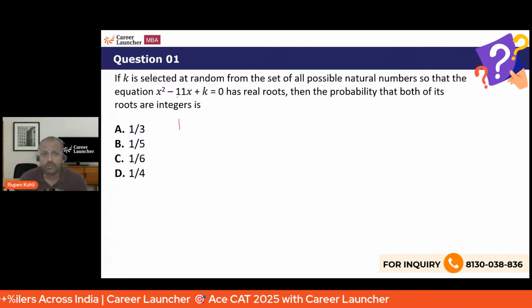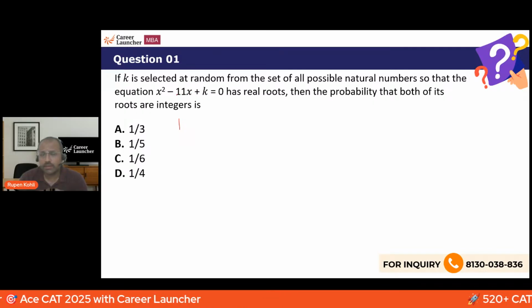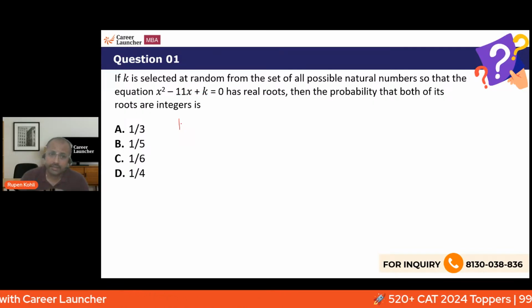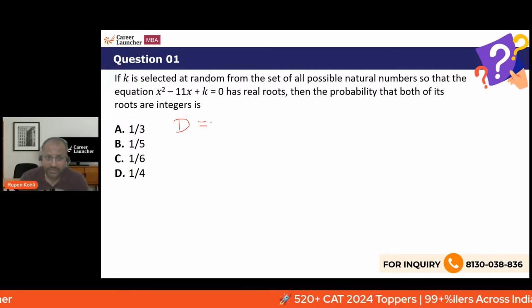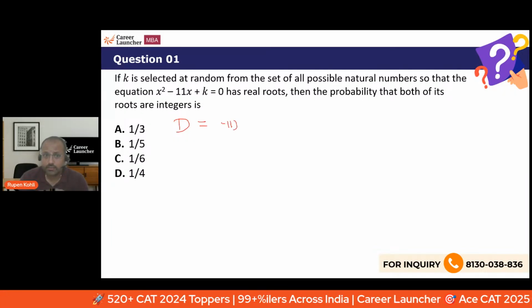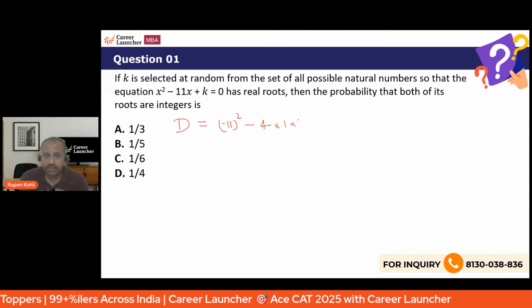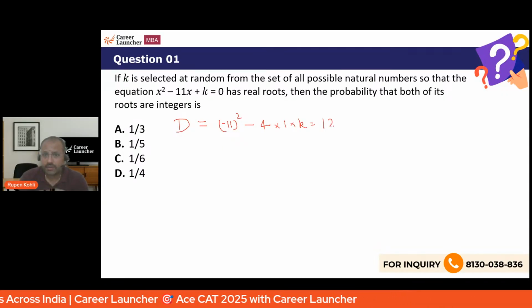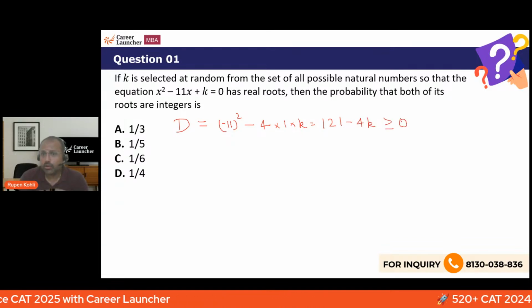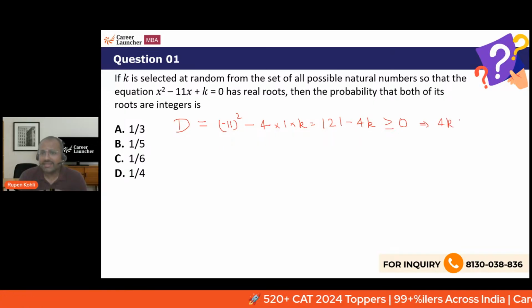It's a very simple quadratic, with the coefficient of x being minus 11 and the constant term k. So what is the discriminant? B square minus 4ac. B is minus 11, whole square, minus 4ac, where a is 1 and c is k. So this is 121 minus 4k, which needs to be greater than or equal to 0, which means 4k is less than or equal to 121.